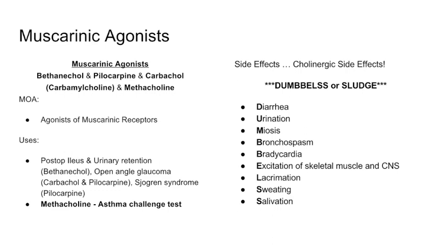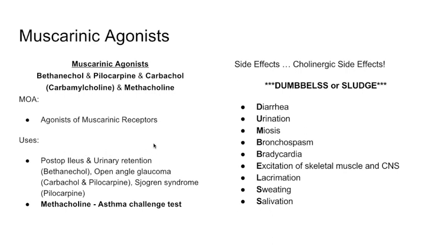I'm just going to jump to the side effects. If they're agonizing the muscarinic receptors, these are the side effects and uses that you're going to get, the ones that we just talked about. Sometimes we say a side effect or a use because maybe that's what we want. For example, they're used for postoperative ileus or urinary retention.